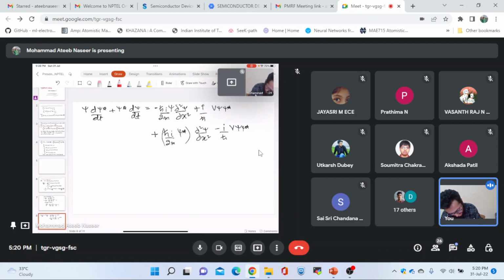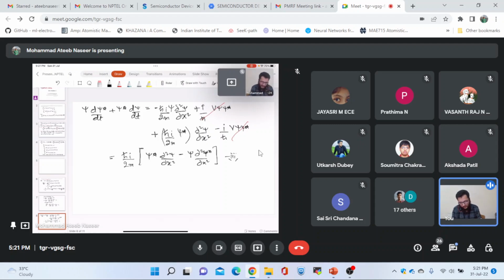Clearly, we can see that this term and this term will go, and we will be left with h bar iota by 2m as the common factor, giving ψ* d²ψ/dx² minus ψ d²ψ*/dx². Let's name this equation 3.